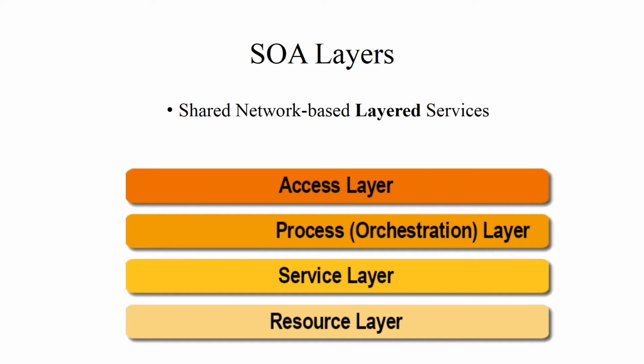Next is the process orchestration layer, which consists of the automated processes that are part of the service provider. And the access layer provides the interface for interaction between client and users. So these are the four layers: resource layer, service layer, process orchestration layer, and access layer.